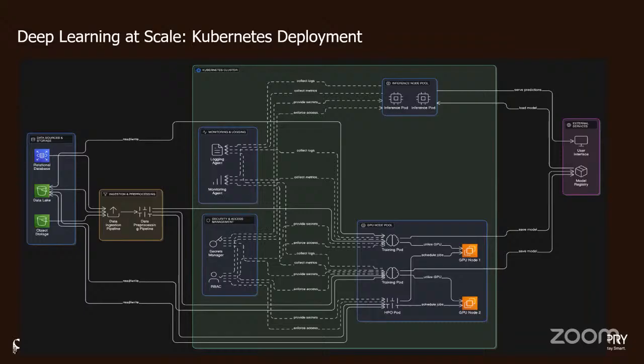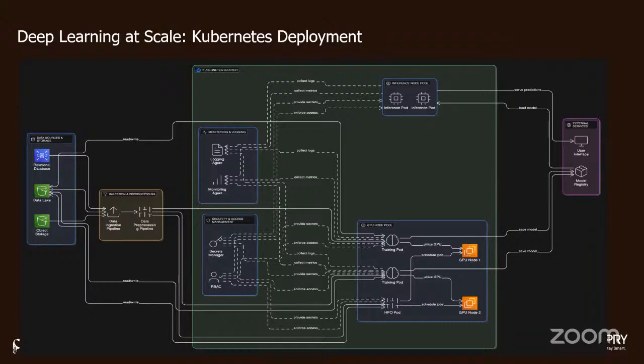Okay. Then we will have our Kubernetes cluster, which is this complete green box. Here we have our GPU node pool, which is our first component. Here we have multiple components, so one by one we will see all of them. Our first component is the GPU node pool. It consists of training pods and HPO pods. HPO pods are nothing but hyperparameter optimization pods.